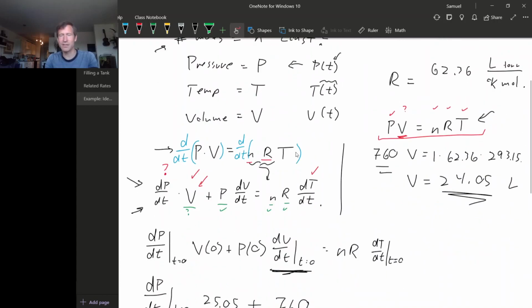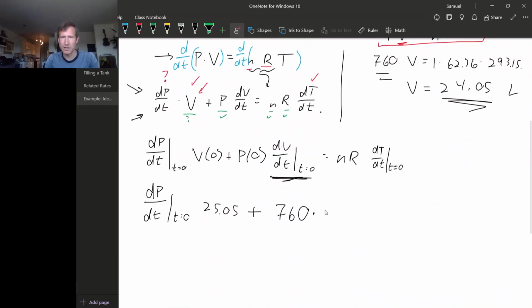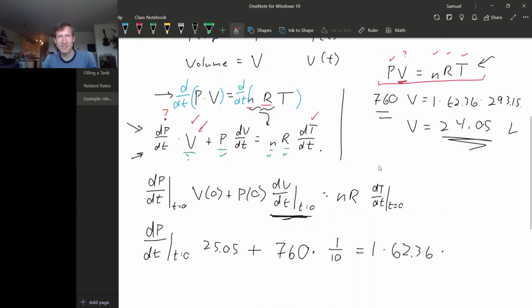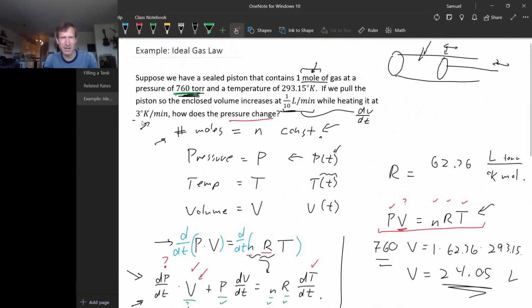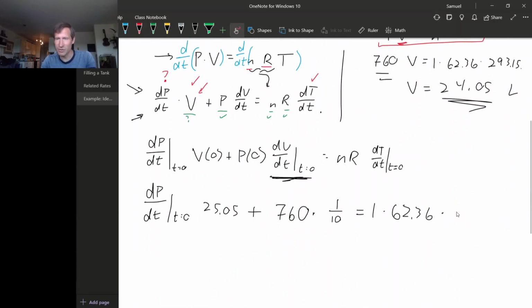That's 1/10 liter per minute. So times 1/10 equals n, which is 1, times R, which is 62.36, times the rate of change of temperature at this instant in time, and that's right here. And we're heating it, so this temperature is going up. So this rate of change is positive. So 3 degrees Kelvin, so times +3, I mean.